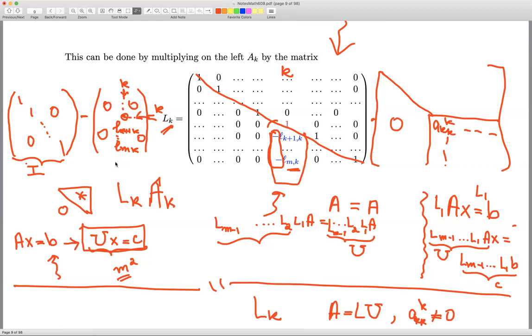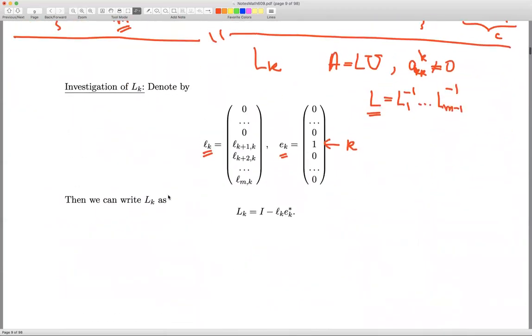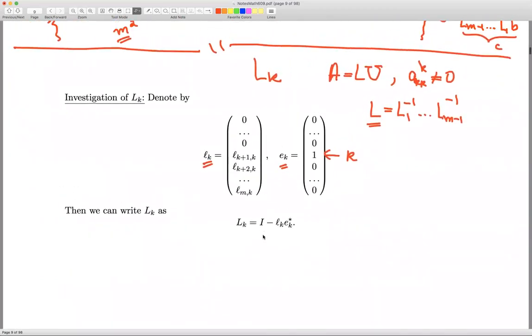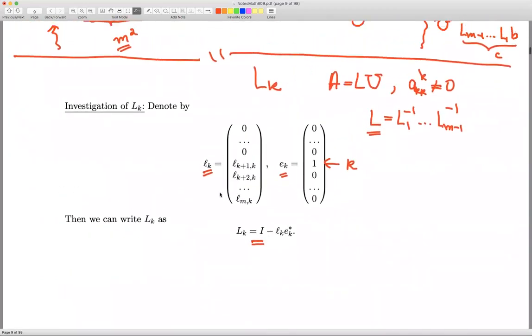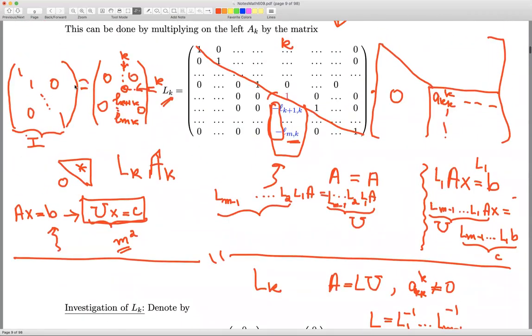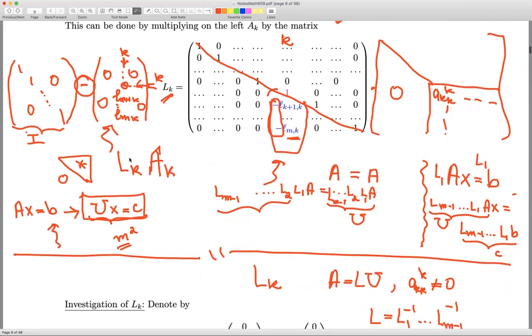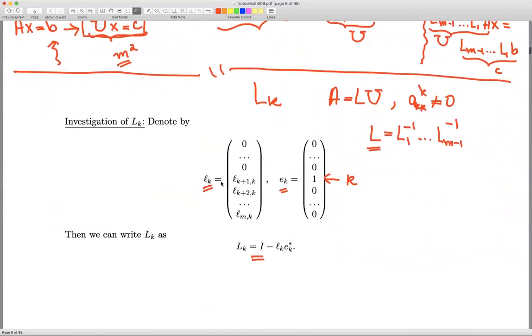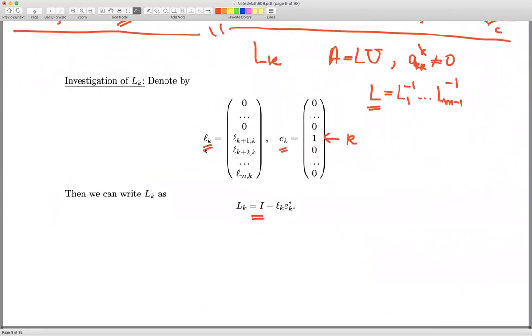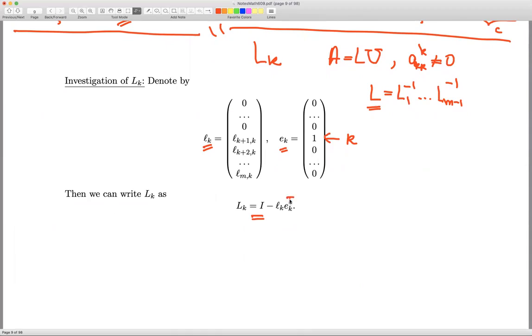Now, if I do that, this is the identity I here, minus this matrix, and I would like to represent this matrix in some way. A convenient way is to write it as a product of the vector lk and ek transpose.